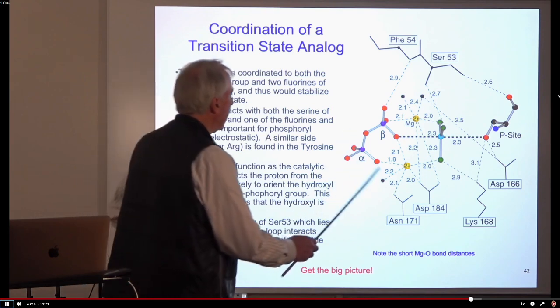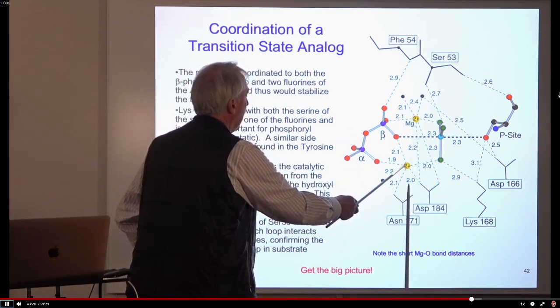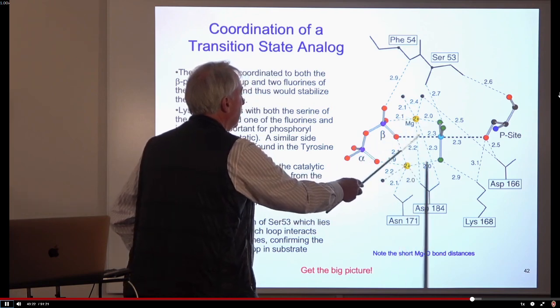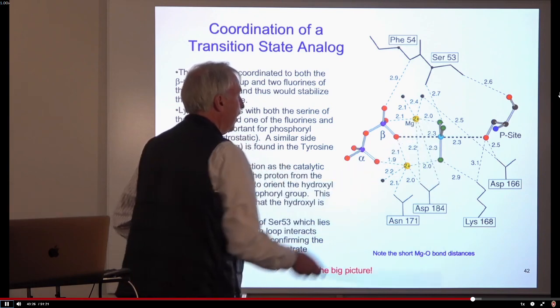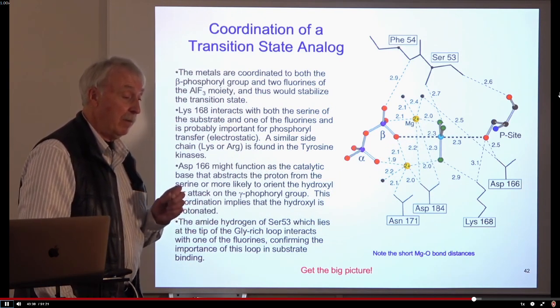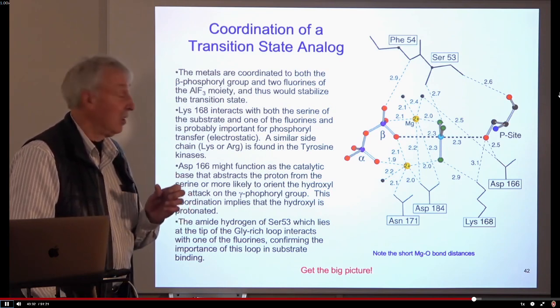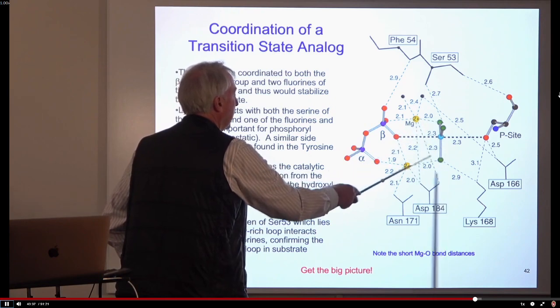If you look at the active site, you will see the coordination for the magnesium ions, and you can see that they are octahedrally coordinated. The bond distances are the sorts of bond distances that you would expect to see for a magnesium-oxygen linkage, around about 2 angstroms to the magnesium.